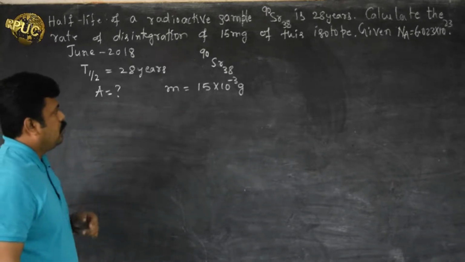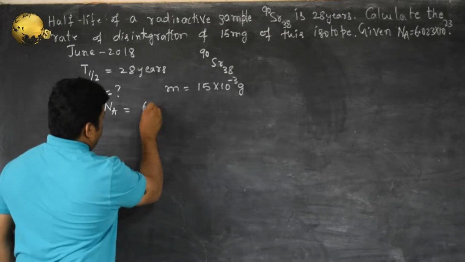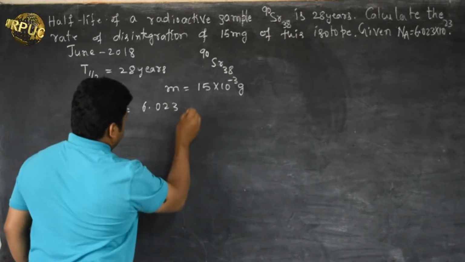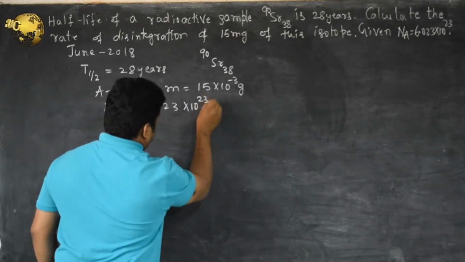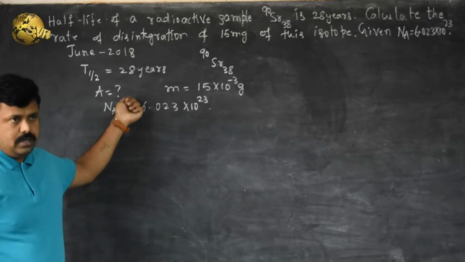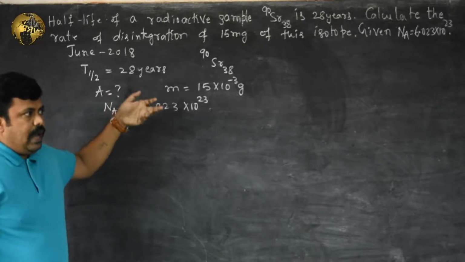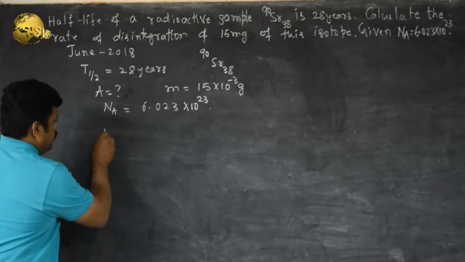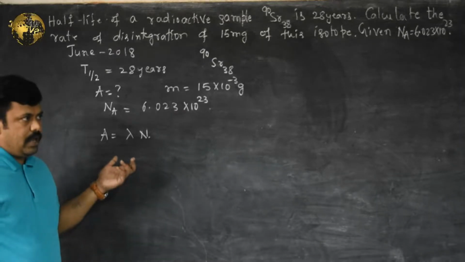And also the number of atoms in terms of the Avogadro number, simply the Avogadro number, 6.023 into 10 to the power 23. So what we need to find out is the activity. The formula is activity is equal to lambda N. Here we need to calculate both values.